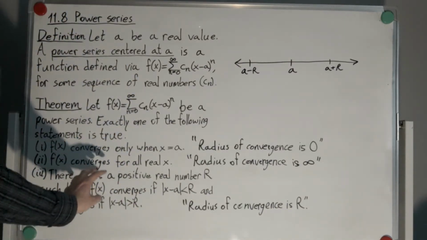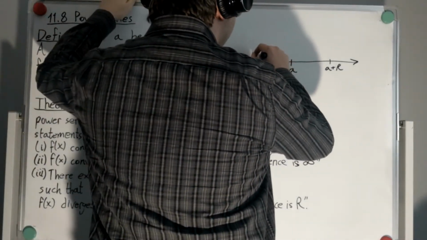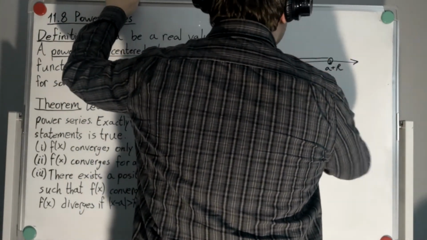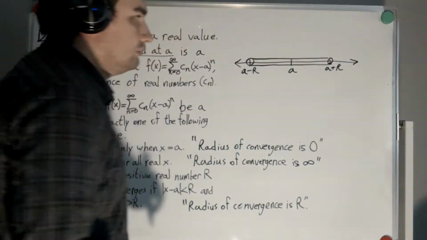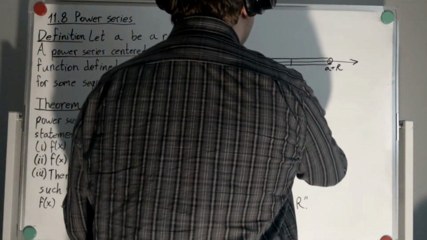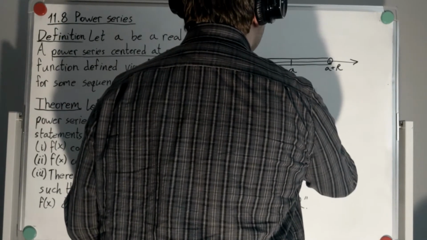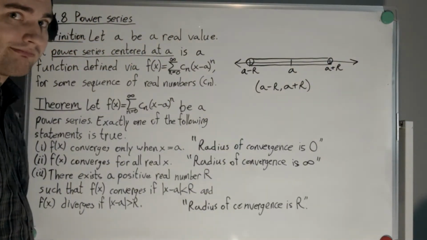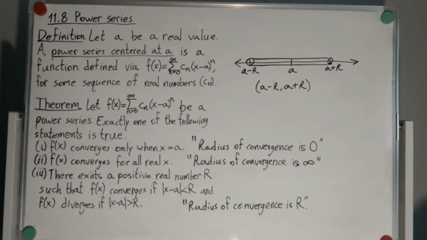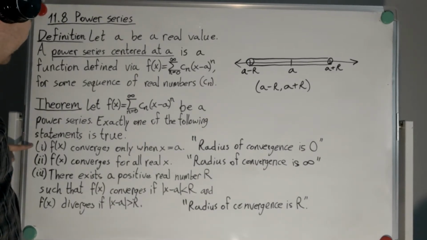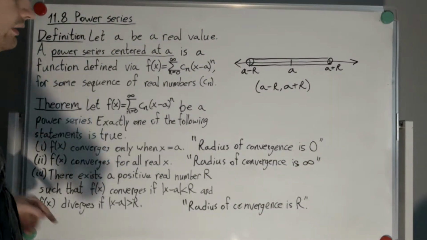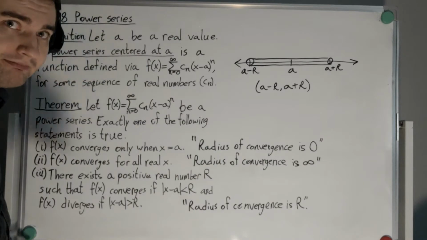What we're saying in this third case is that you have convergence in this open interval from a minus R up to a plus R. So, in other words, you have three possible cases. Case 1 is that it converges at only one point, case 2 is that it converges at all points, and case 3 is that it converges on some interval of points.